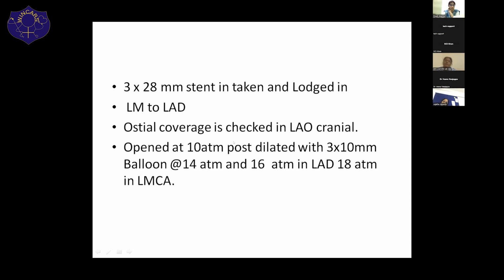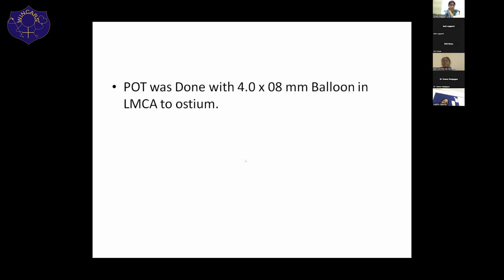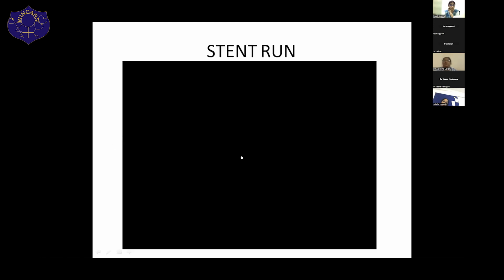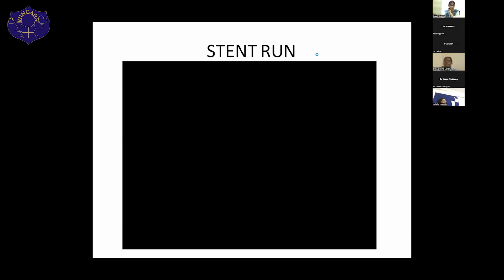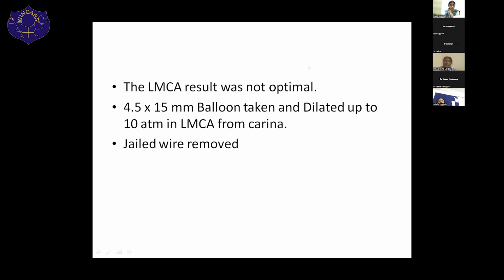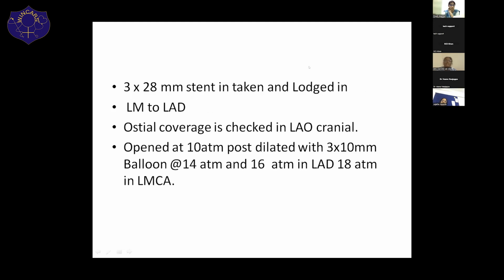We checked the ostial coverage in the caudal view, and then dilated it at 10 atmospheres.